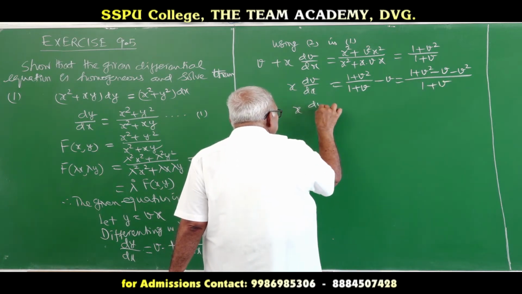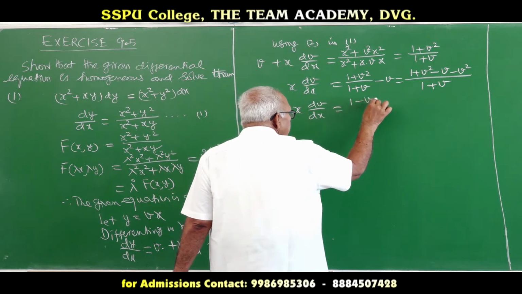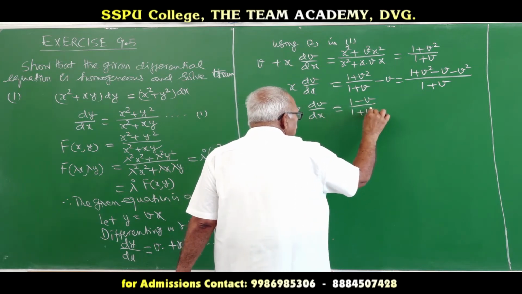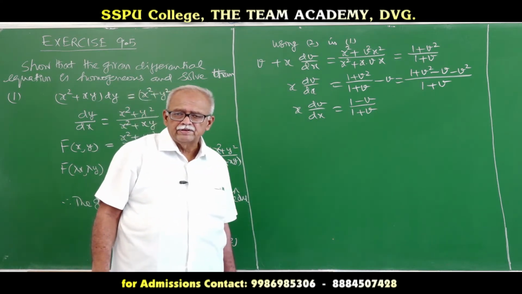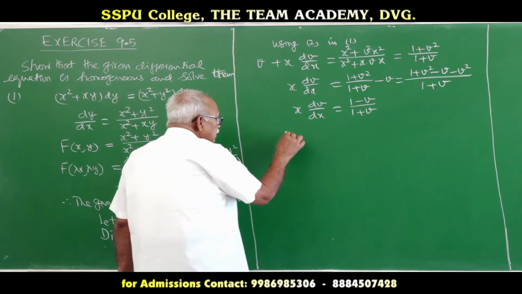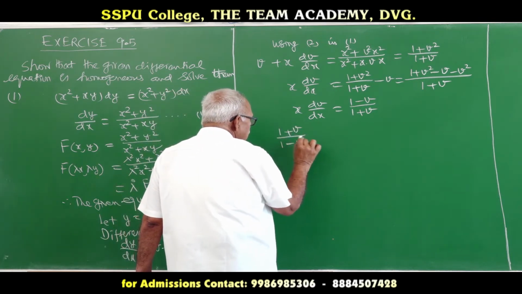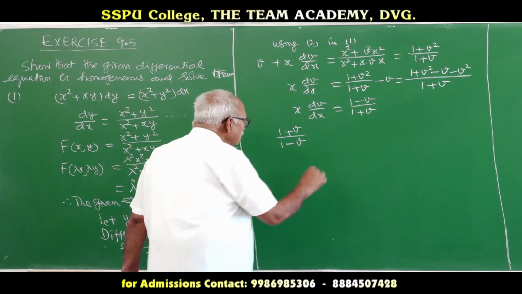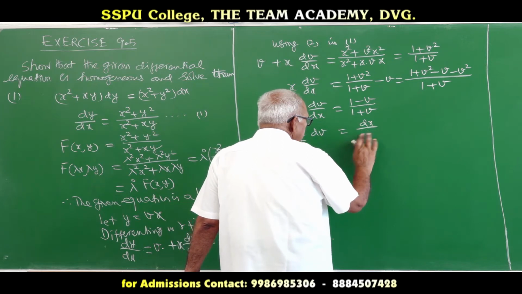So x dv/dx = (1 − v)/(1 + v). Now we can separate the variables: (1 + v)/(1 − v) dv = dx/x.